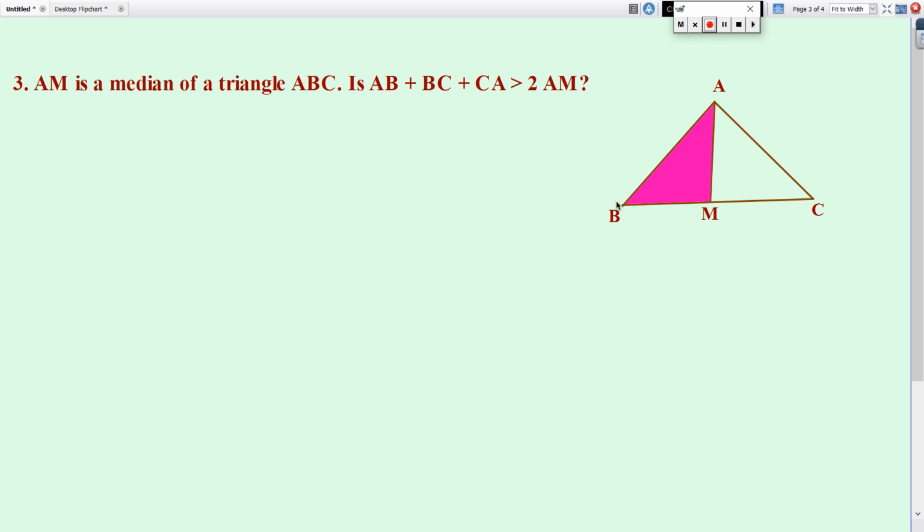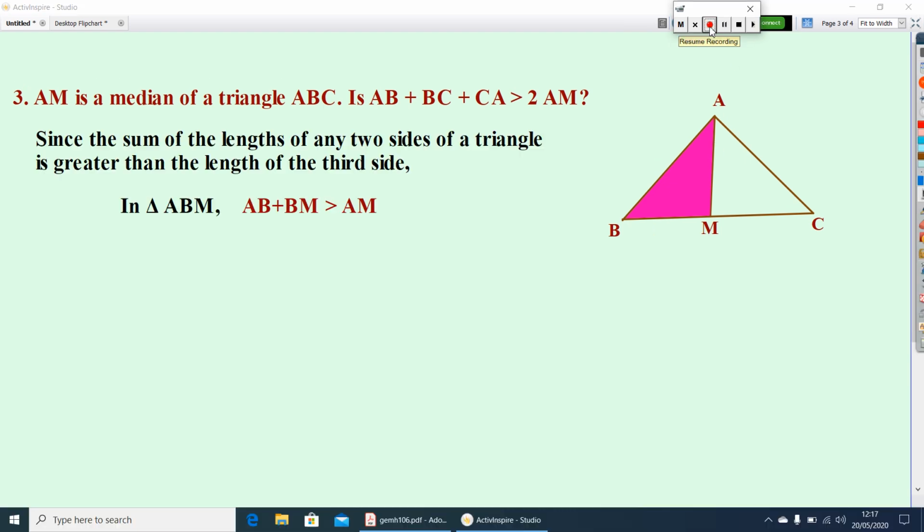Since the sum of the lengths of any two sides of a triangle is greater than the third side, in triangle ABM you can write AB plus BM greater than AM. Let me take this as equation number 1.